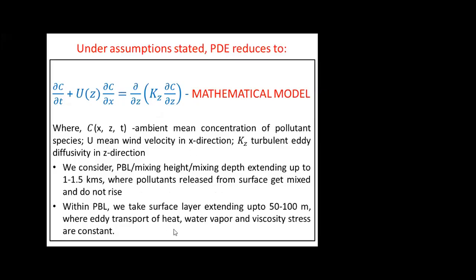This is the model we are talking about here. The input parameters are mean wind speed and Kz. And of course, there is much research going on, and better and better profiles for U and Kz for particular areas are being experimented, and we can update this model with the different profiles of Kz.